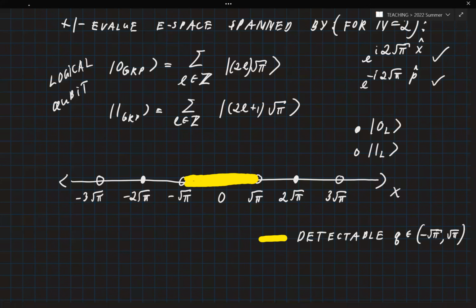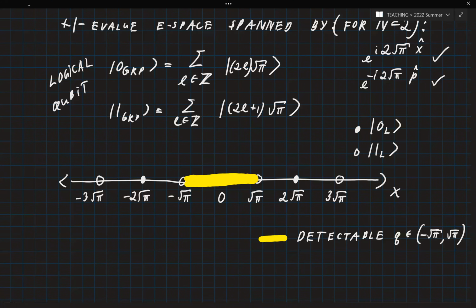Yes. Why do we want to use variable? Well, it turns out this code is actually quite powerful. It's encoding in an infinite space, but it's a single mode space, a countably infinite space. It's encoding a finite dimensional subspace.